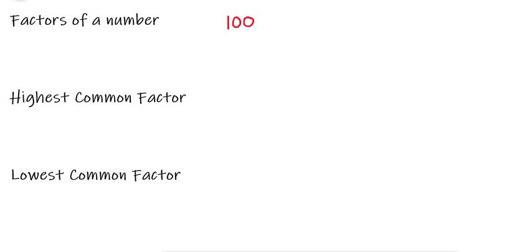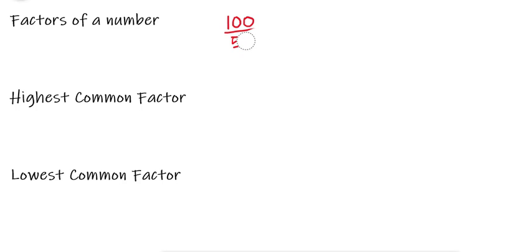A number I can think of is 50. When we divide 100 by 50, it gives us 2. It doesn't give us any remainder, hence 50 is a factor of 100.